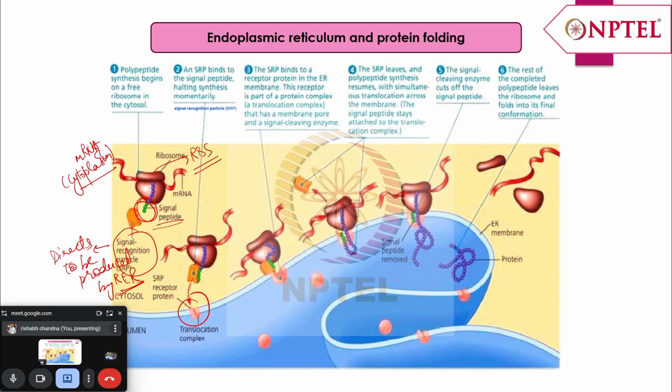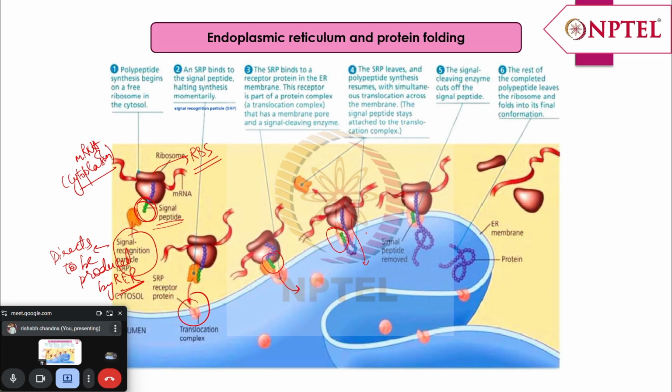Now when this is recognized, the SRP will direct the protein to be synthesized within the endoplasmic reticulum, and it will be translocated in such a way that the signal peptide is attached to the translocation complex and the rest of the protein moves to the inner lumen of the endoplasmic reticulum.